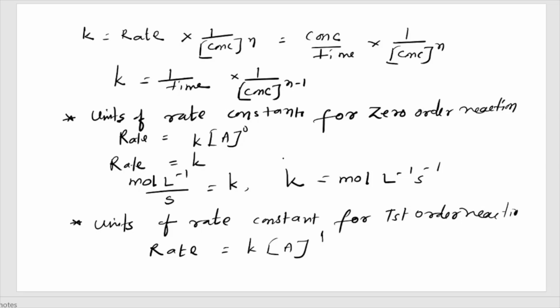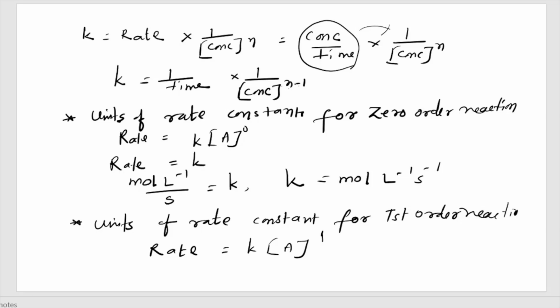You know rate is concentration by time. So put rate equals concentration by time here, and simplify. The concentration is 1 unit, time is in seconds, and then concentration to the power n. If you take concentration to this side, then you get 1 by time into 1 by concentration to the power n minus 1. Is it clear?